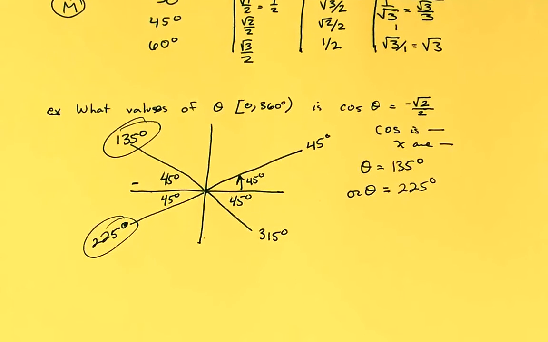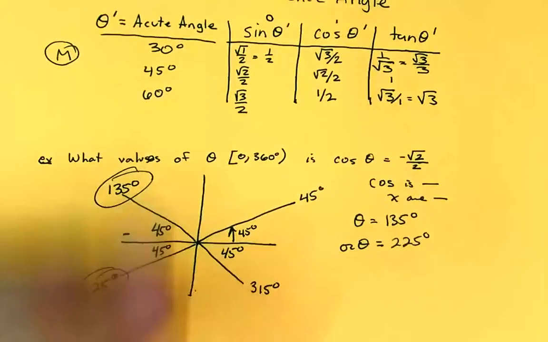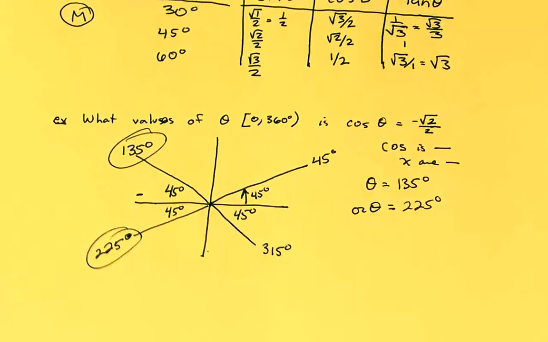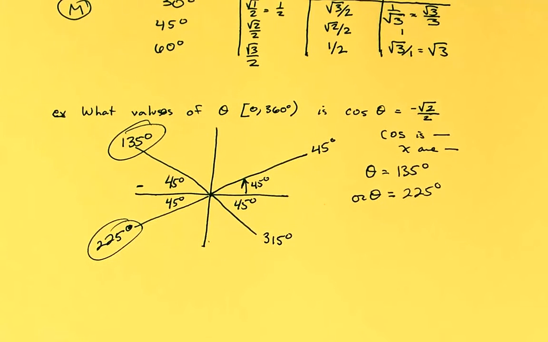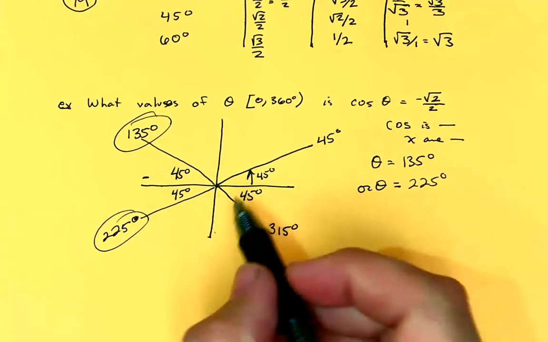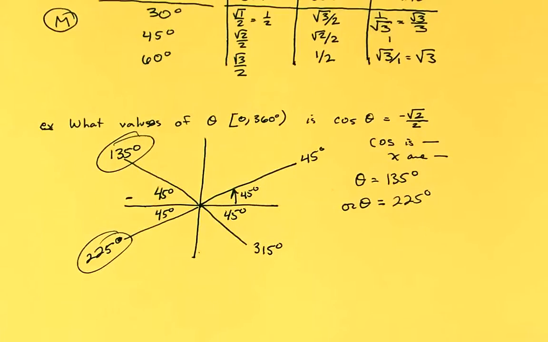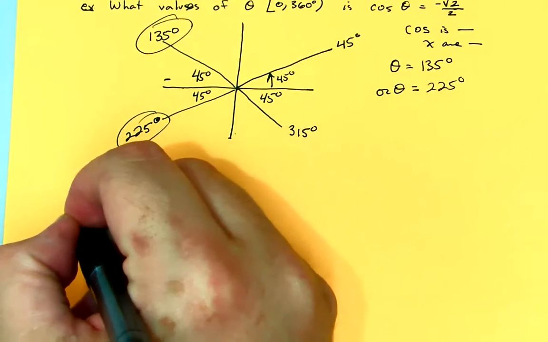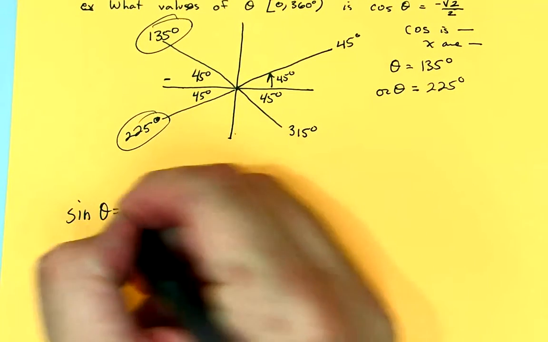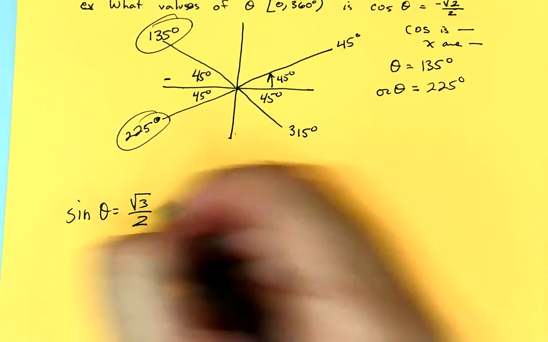And just by using the reference angle and using these ideas, we can find the angles throughout the coordinate plane where these are going to actually take place for us. Another example of this, let's say sine of theta is equal to the square root of 3 over 2.